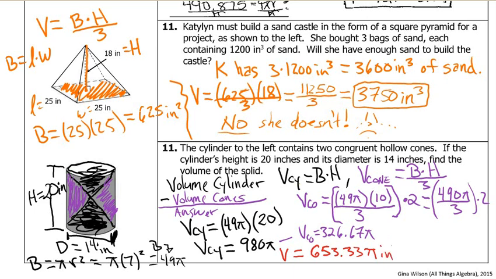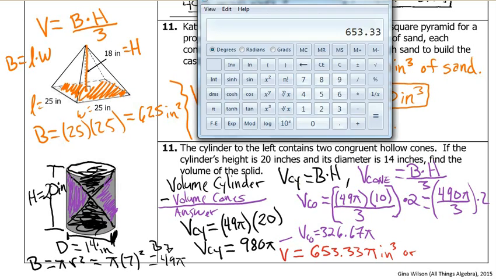So this is if you leave it in pi, but here I still have to multiply by pi. So let's multiply by pi. So 2052.49, and if we round up, that'll be 0.5, which we have to round up again.